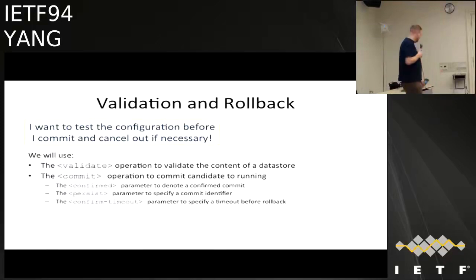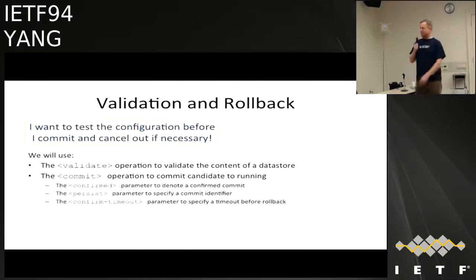So what confirm timeout means is that unless you're back to confirm the confirm commit, what we call a confirming commit, the box itself will roll back. Okay, so if that times out, the box will roll back itself. You can also cancel commits by identifying your commit using the persist parameter.